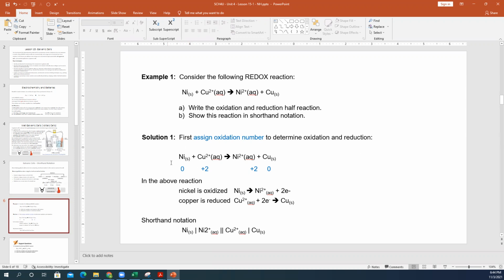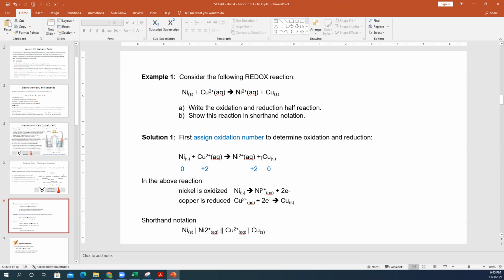So here, nickel atom has got an oxidation number of 0. Copper, it's an ion, a single ion on its own, so it has a charge of +2, so the oxidation number for it is also +2. Here, nickel ion has got an ionic charge of +2, so the oxidation number for this ion is also +2.